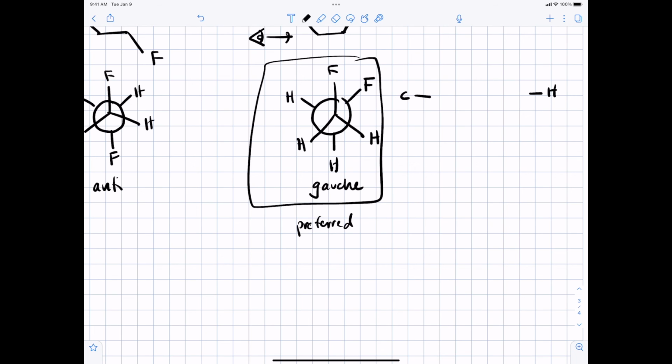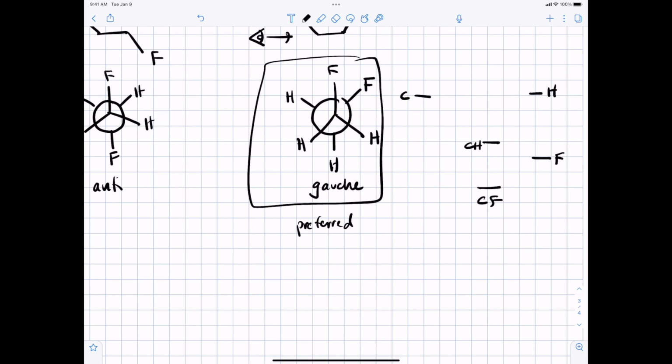Where should fluorine be? Should it be higher or lower in energy than hydrogen? Lower, because of increased electronegativity, right? So a carbon-fluorine bond will be more stable than a carbon-hydrogen bond.